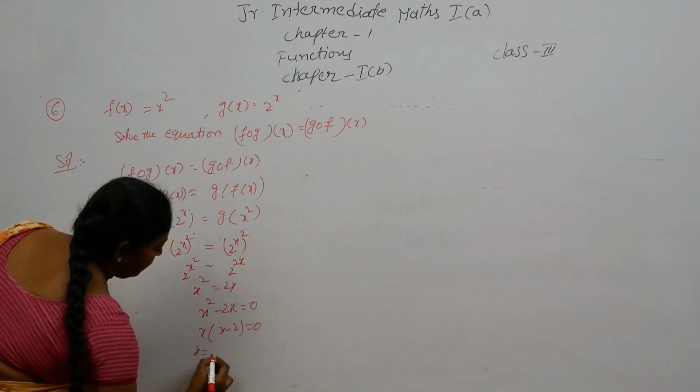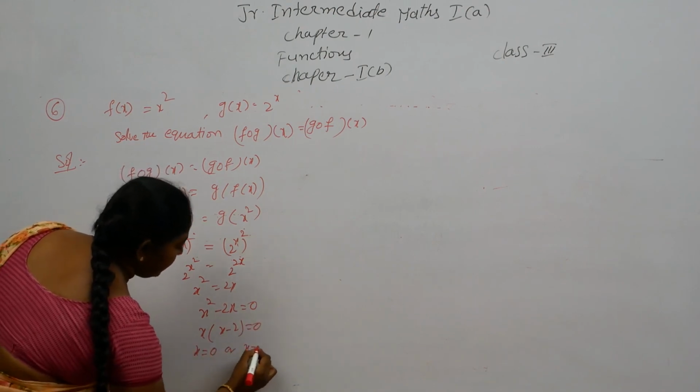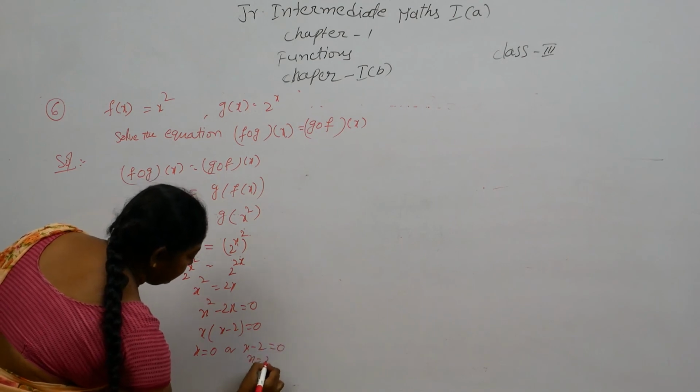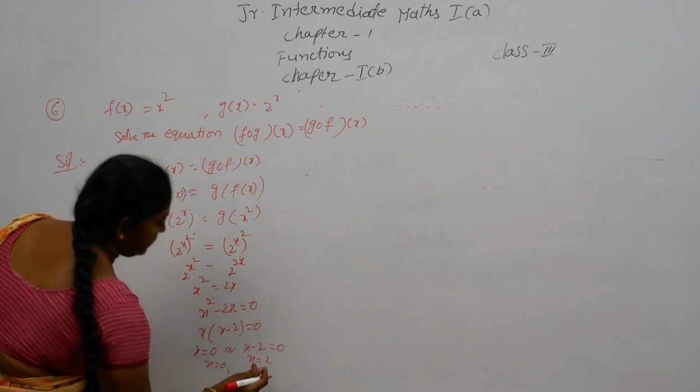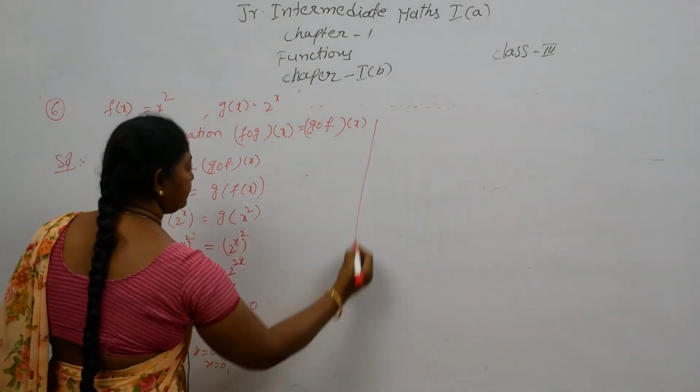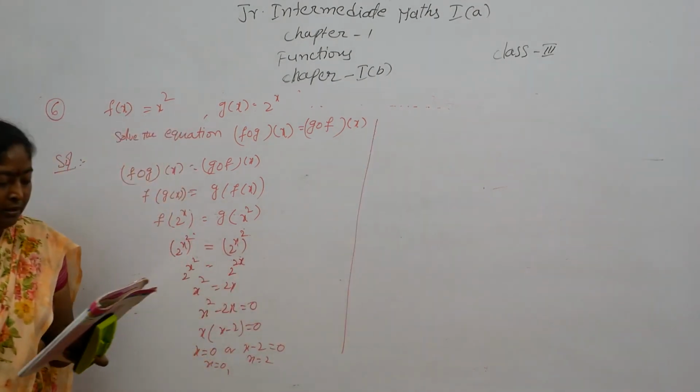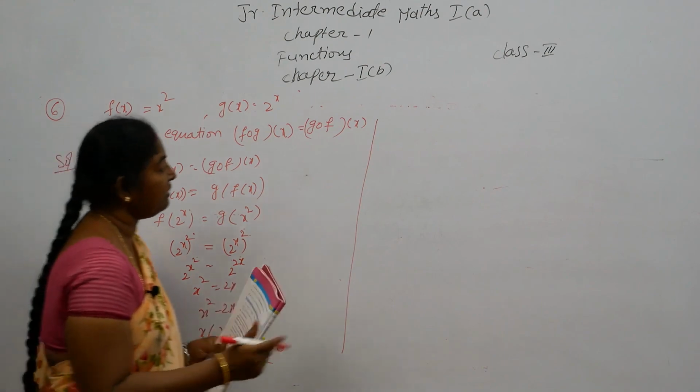So x equals 0 or x minus 2 equals 0, so x equals 0 or x equals 2. Next, the 7th problem.